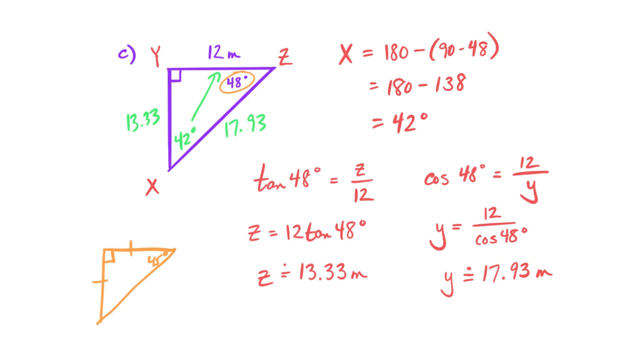So the fact that a little bit bigger than 45 means 48, well, then that means that this opposite side should be a little bit larger than this adjacent side. And you can see that back up on my triangle with the relationship between 13.33 and 12. Okay, if this was me solving this triangle on evaluation, I am super confident in what I found. I'm moving on to the next problem.